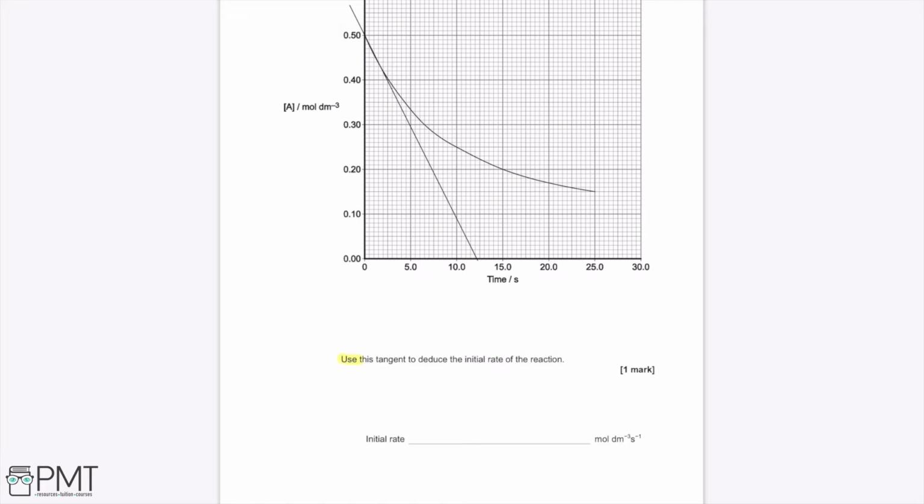For the next part of the question, we are told to use this tangent to deduce the initial rate of reaction, for 1 mark. We know that the tangent we've drawn allows us to work out the gradient, and this is what can be used to work out the initial rate of reaction. If we do the change in y over the change in x, we will be able to work out what the initial rate of reaction was.